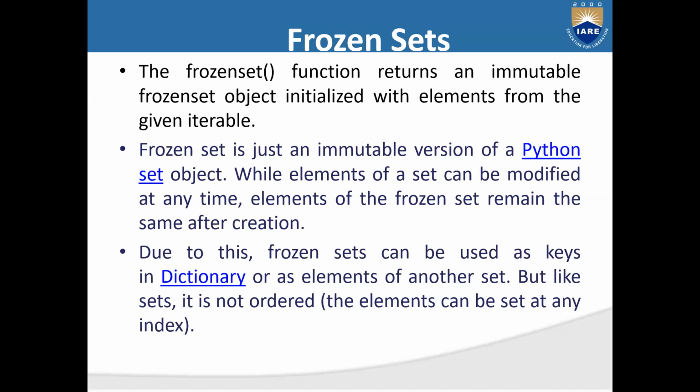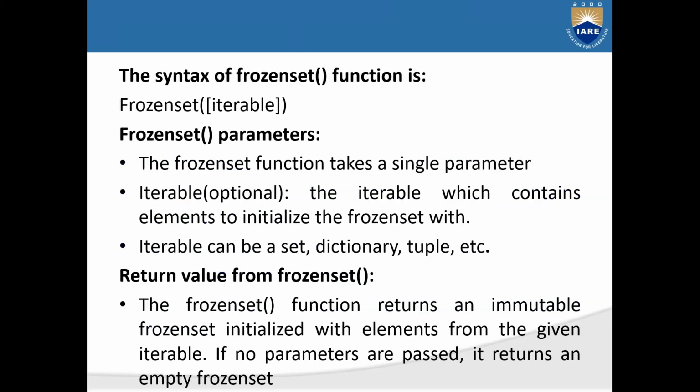We can't change them. Due to this, frozen sets can be used as keys in a dictionary or in any other set. But remember one thing, like sets, these frozen sets are also not ordered. So indirectly we can say that these elements can't be given any index.